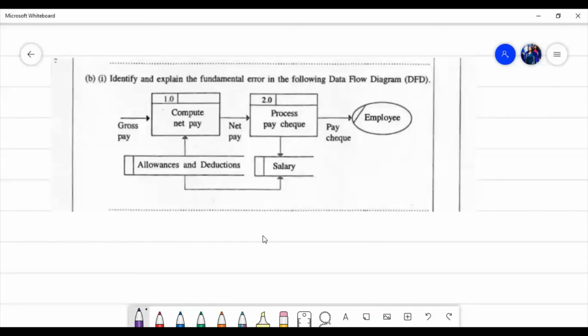Yes, can't you identify any error here? Yes, children, why are you not answering today?